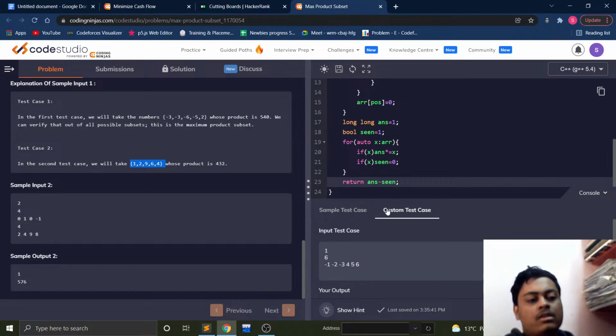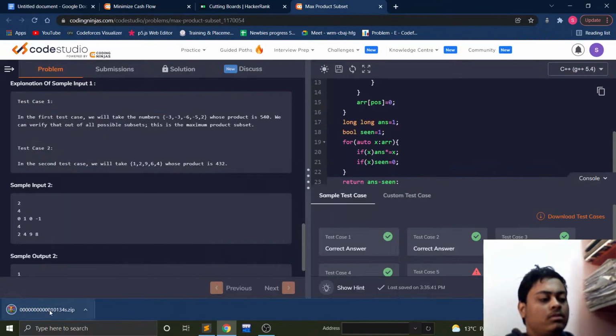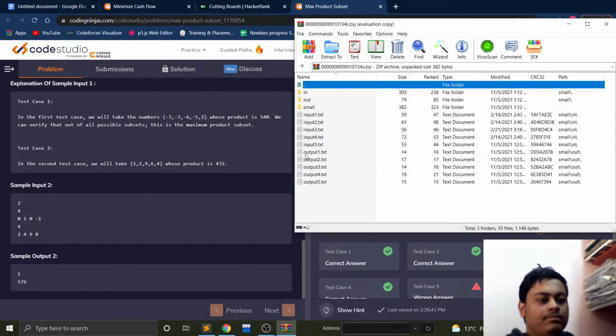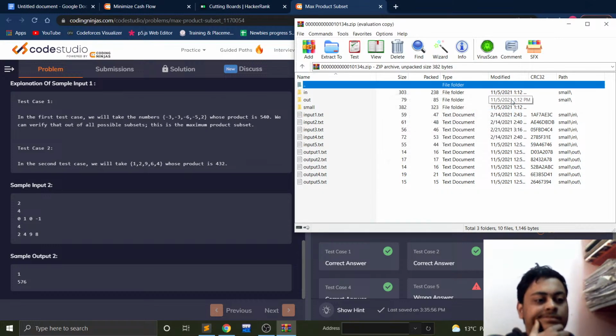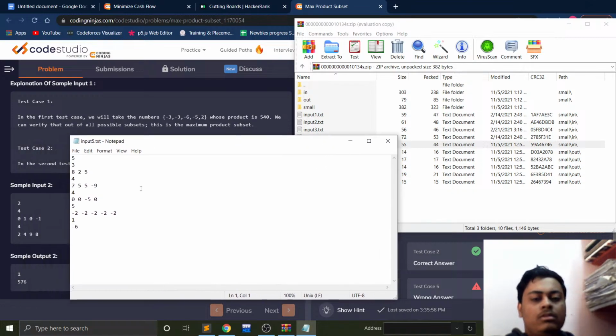I should have checked the test case, which is in the zip file. Which one? Input file. Okay, minus 2, minus 2. Okay, this one.